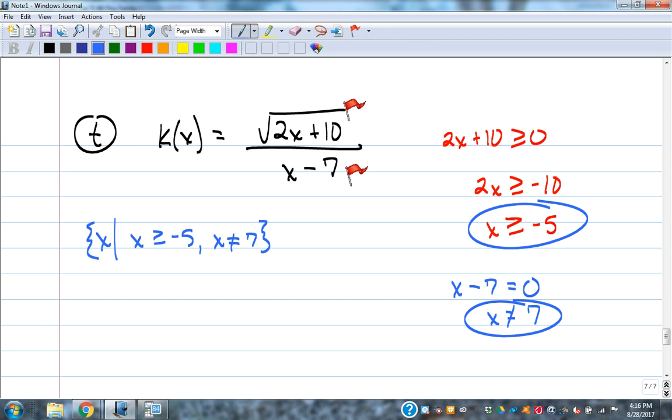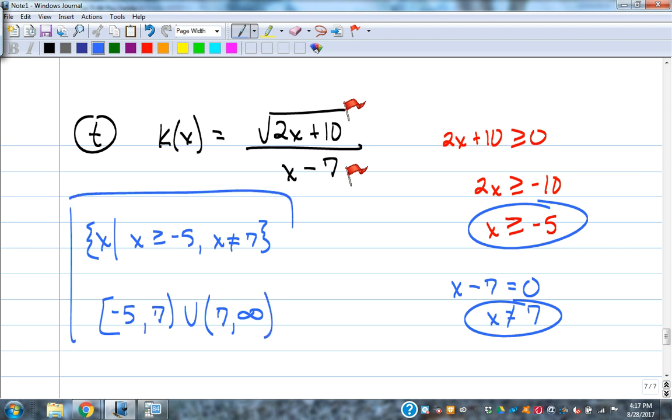What's the smallest number I start with there? Negative 5 is smaller. I'm going to start with it. And I go up to what number? Positive 7. And then I've got to skip it. And then I keep going to infinity after that. There's my domain for that particular problem.